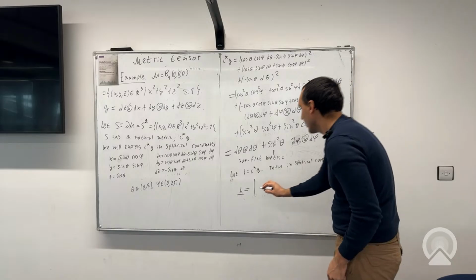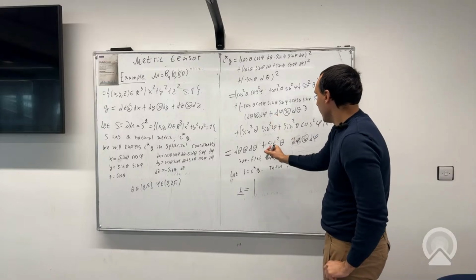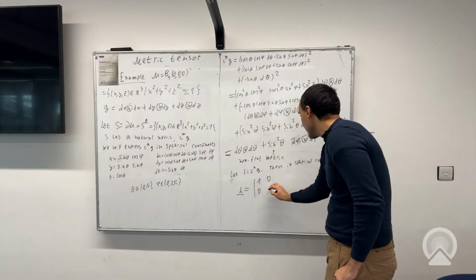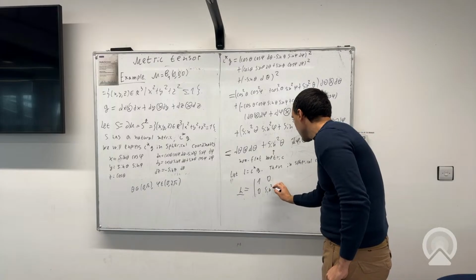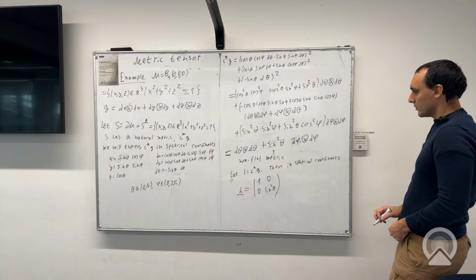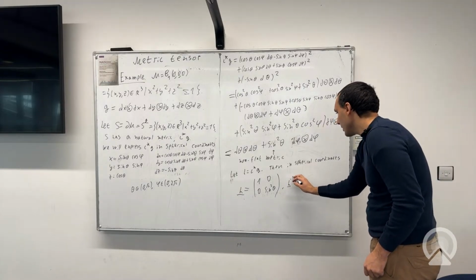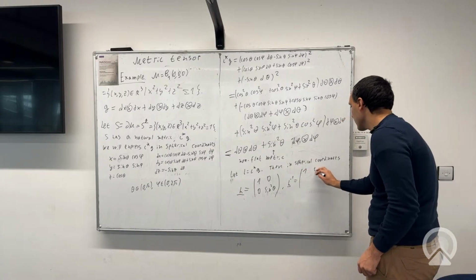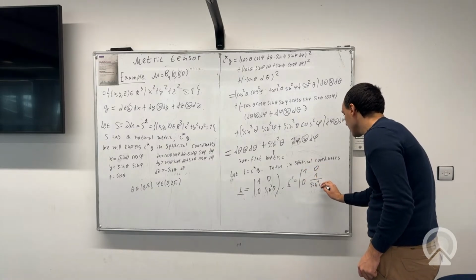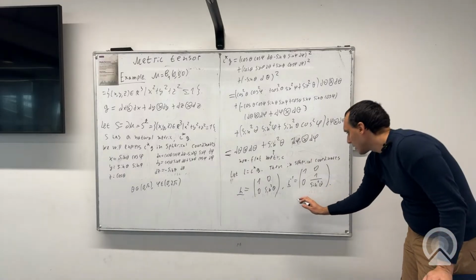We have the following: H equals, so we have here 1, we have 0 there, and here we have sine squared of theta. And H to the minus 1 is 1, 0, 0, 1 over sine squared of theta. So this is on forms.